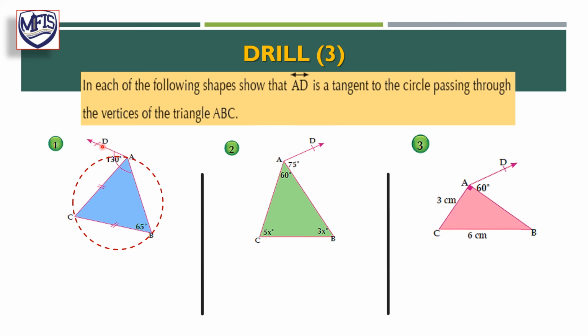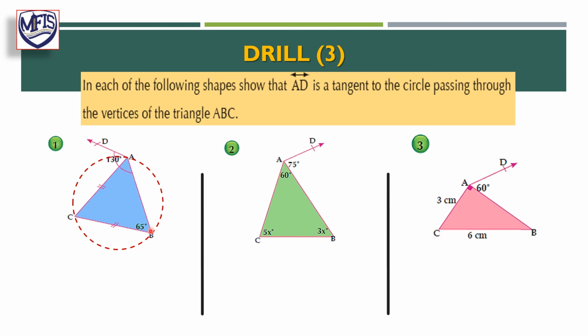To prove that AD straight line is tangent, I need to prove that measure angle DAC equals measure angle B. So if I can find measure angle DAC equals 65, therefore AD straight line is tangent. How? In triangle ABC, I have two sides equal, then I have two base angles equal also.